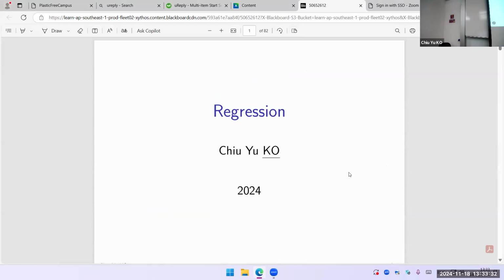We focus on the very simple case we call simple linear regression. Simple means only using X to explain Y. So the standard case is more than one, right? Everything can actually be generalized to more than one easily. There's some more math, but ideally everything is the same. There's some more complication there, but the general concept will be the same.